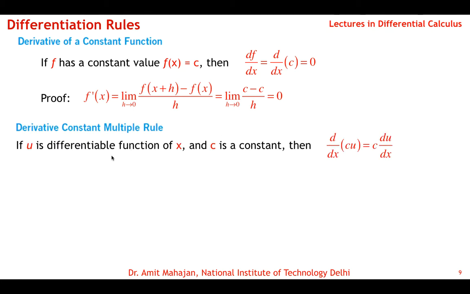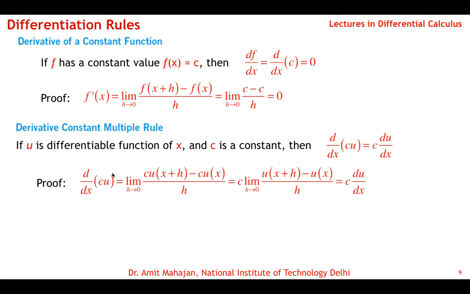The second result is the derivative constant multiple rule. If u is a differentiable function of x and c is a constant, then the derivative of c times u with respect to x is c times the derivative of u with respect to x. Again I'm proving this by definition.